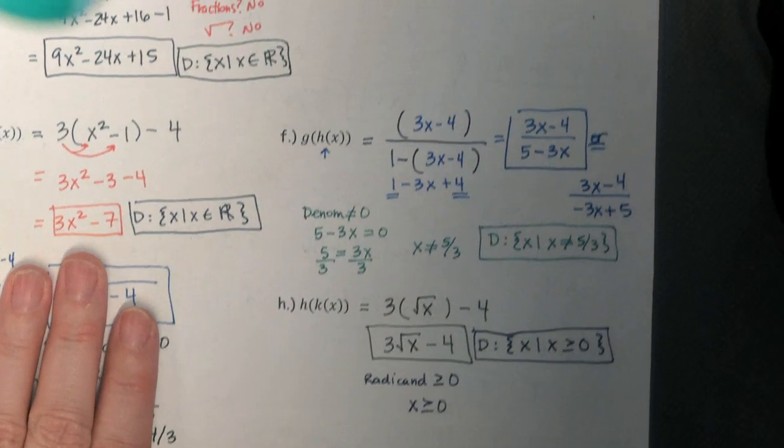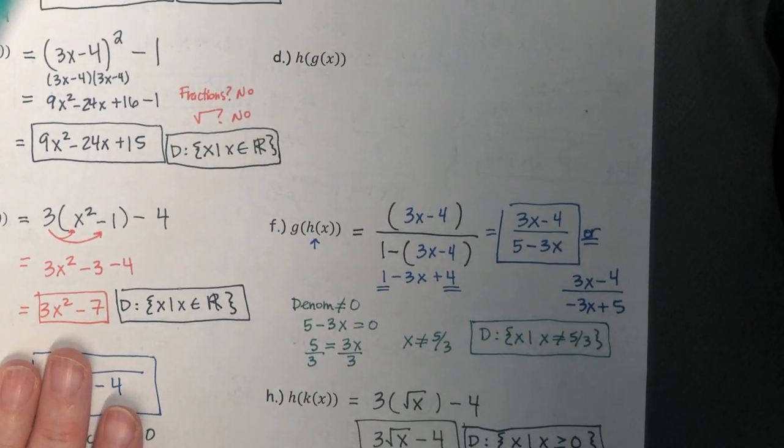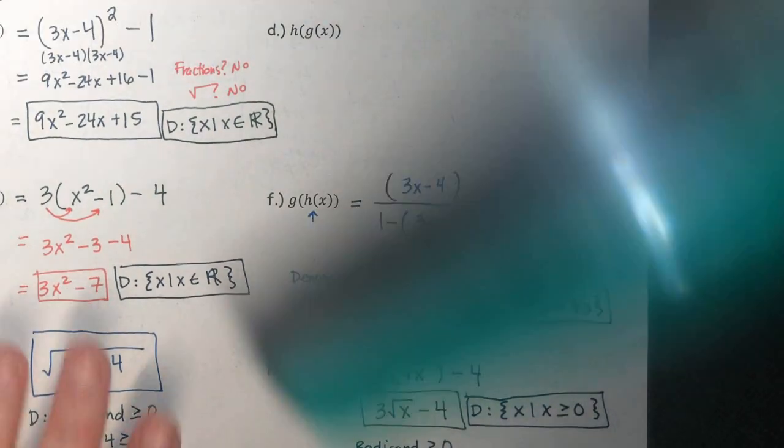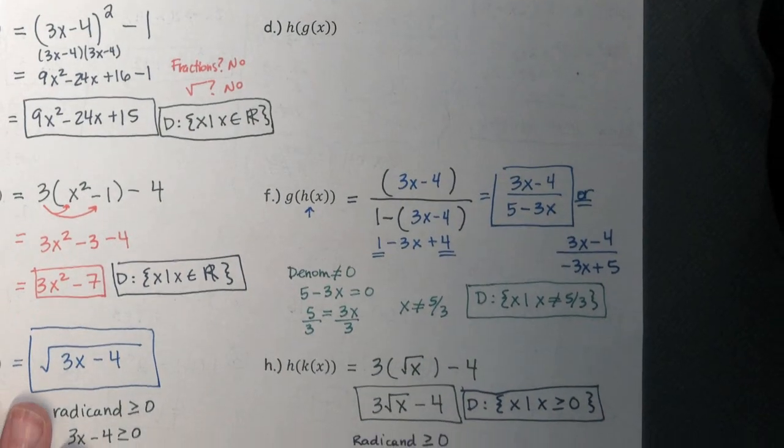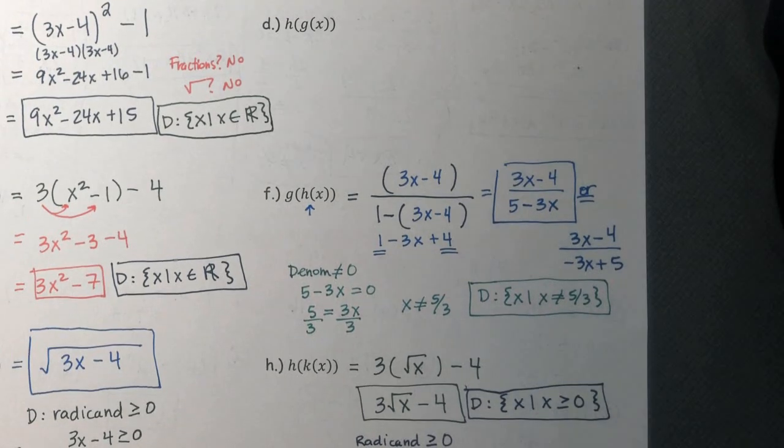Okay, and then you guys are going to try D, and some of you are going to be able to simplify that without me. Just keep in mind, when you are multiplying a fraction by a whole number, think about what gets multiplied together.